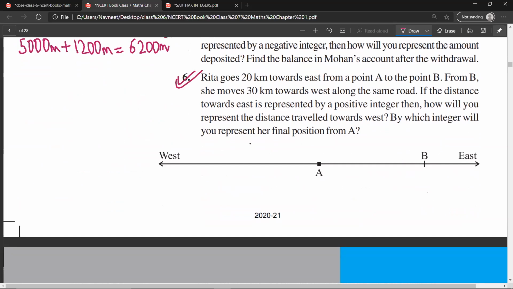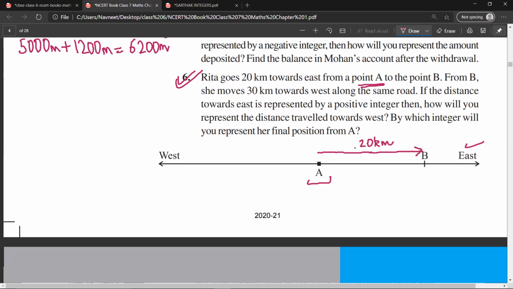Let's do one final question. This is the last question. Rita goes 20 kilometers towards east from point A to point B. So from A to B, this distance is 20 kilometers.